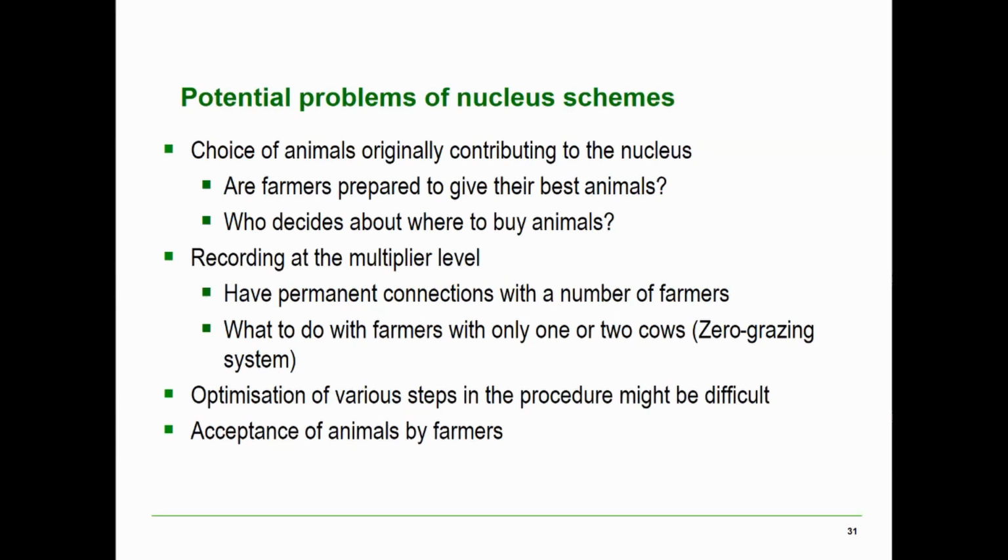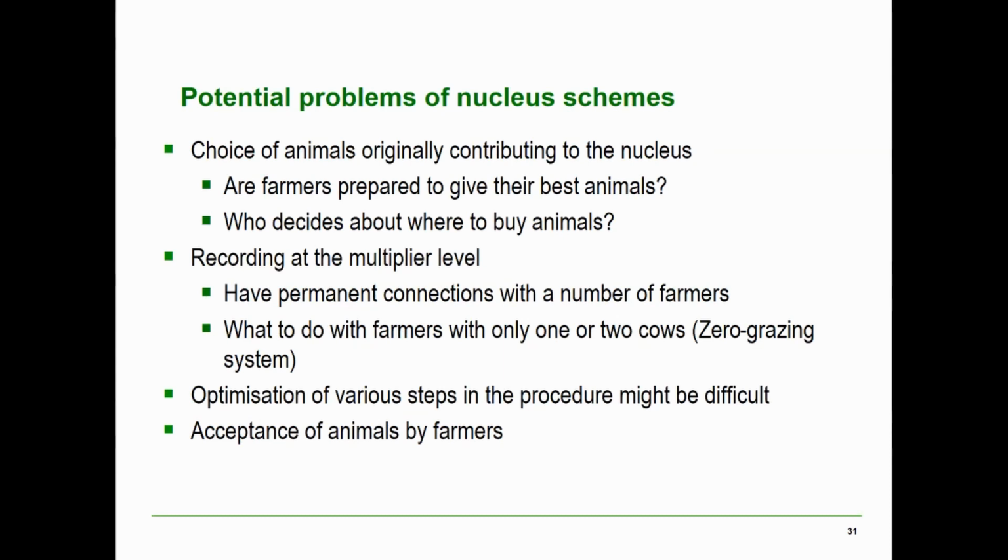Also, there are issues about optimization of the various steps in the process, and at the end, which is even more crucial: we went through all of this and believe that we have a very good animal that is improved, productive and genetically good, but then when it comes to dissemination, the farmers say no because they don't like it for some reason.